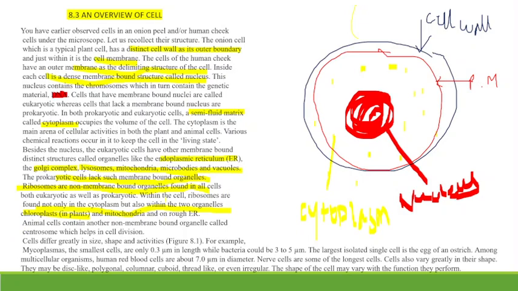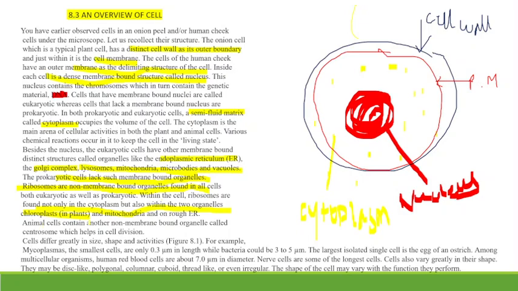Remember this sentence, that the ribosomes are found not only in the cytoplasm but also within the two organelles. Which are they? They are chloroplast and mitochondria.